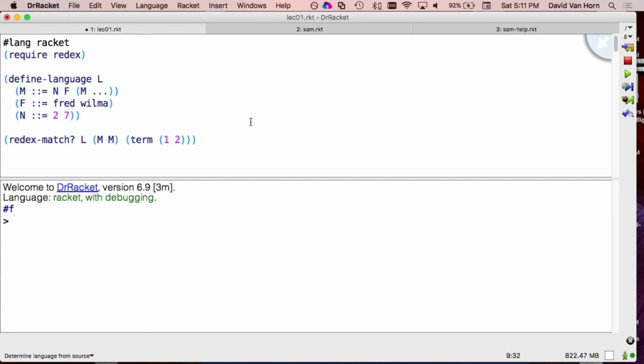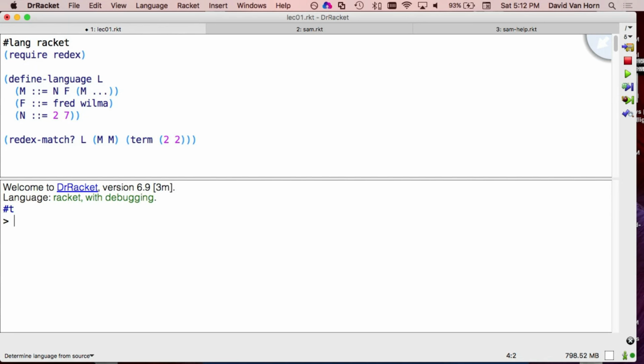So if the term is 1, 2, this won't match. But if the term is 1, 1, it will match. Oh, sorry, they're the same, but not m's. And 2, 2 will match.